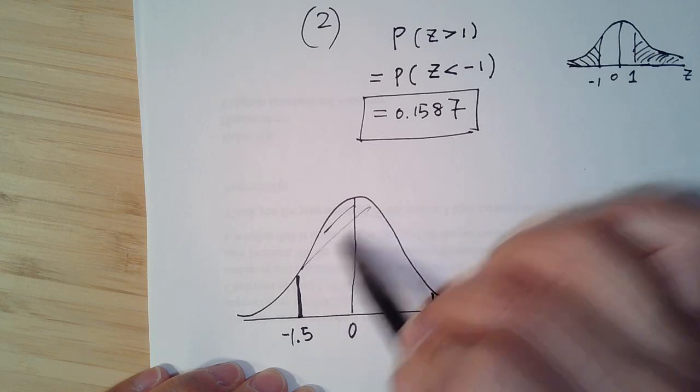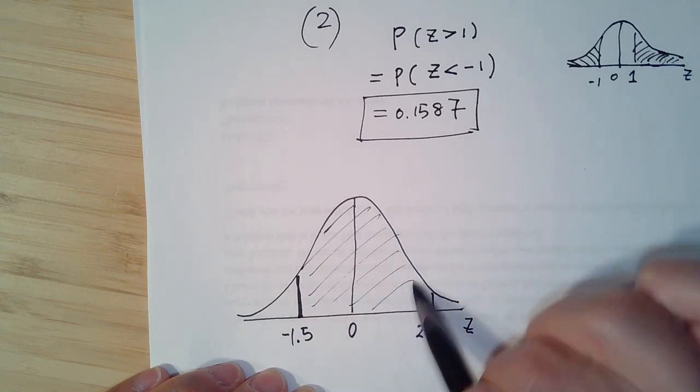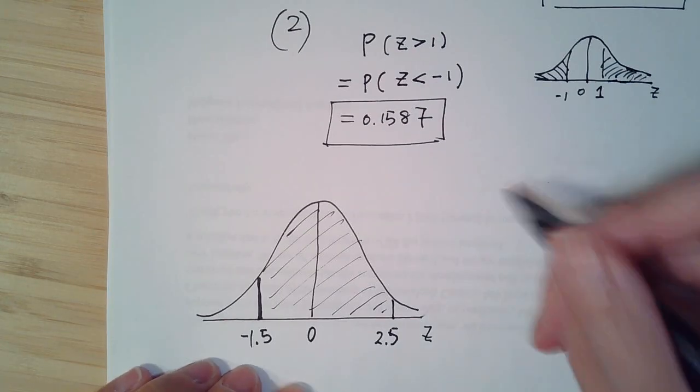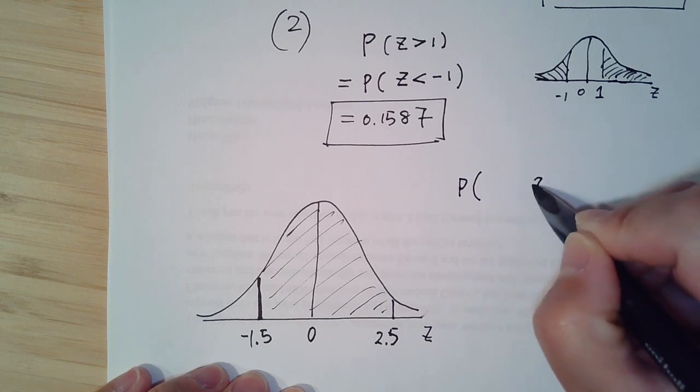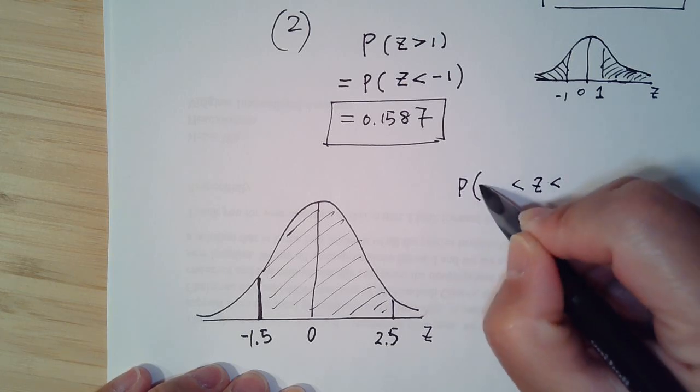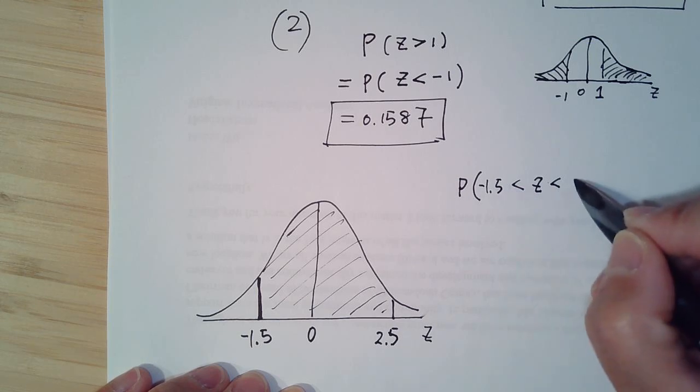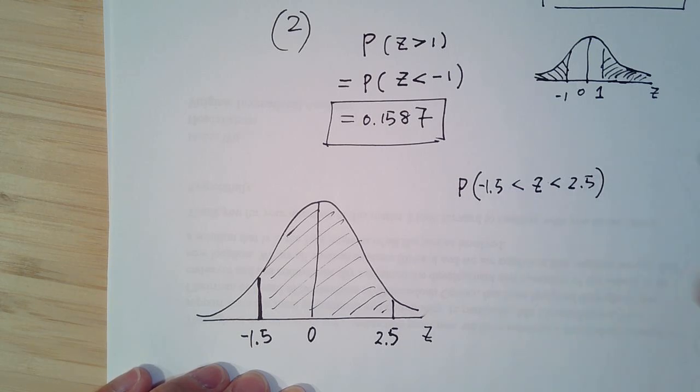I'm looking for this, which is the probability that the z-score is between negative 1.5 and positive 2.5. How would you do that?